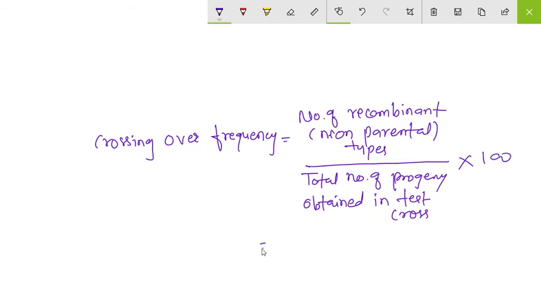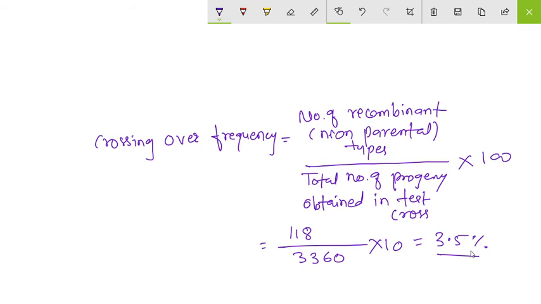Now see here, the recombinants are 118 and the total number of progeny is 3360, into 100. So it gives the answer 3.5%. So the percentage of crossing over frequency is only 3.5.